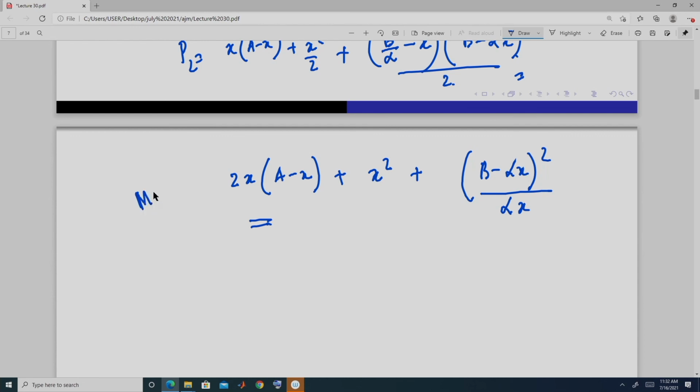So, it will maximize this with respect to x, and since this is a differentiable function in x and x lies between 0 and A, we differentiate this and equate it to 0, the first order condition, and so what do we get?